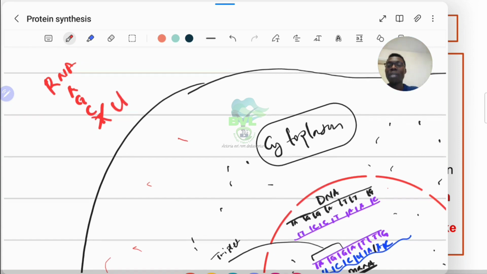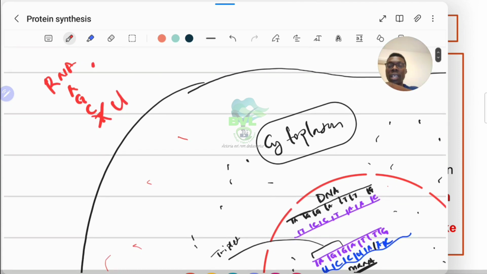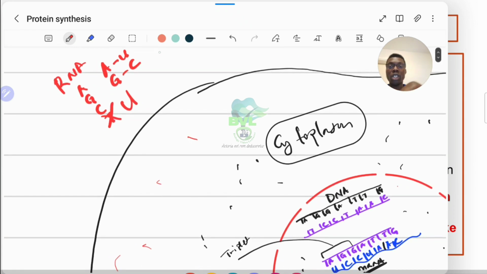So that means in RNA, what you expect is going to be A to U, G to C. If it was DNA, it's going to be A to T. Excuse me, I didn't do that well. One sec.